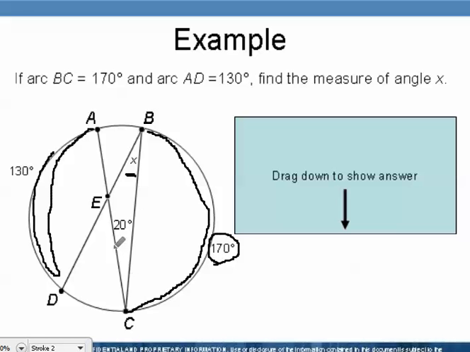Well, we know that this angle is 20. That means we know that this arc is twice the angle, 40. We got that arc. That's easy enough to find, right?